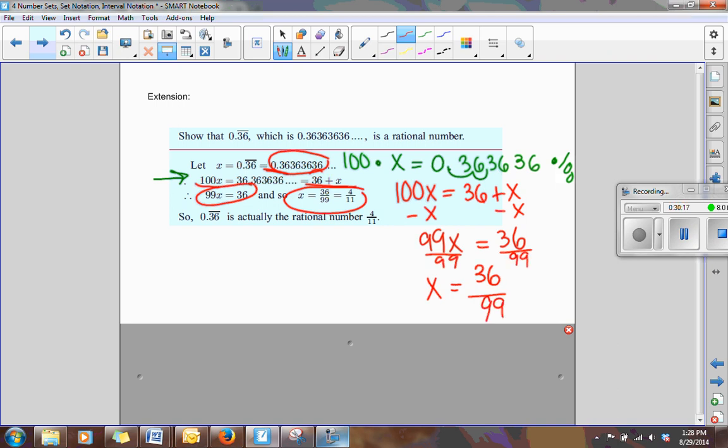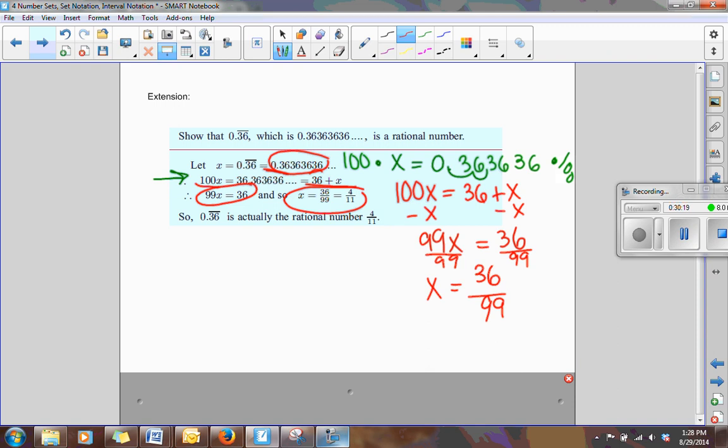And then we can simplify that fraction. We can cancel 3 out of the numerator and denominator. So divide by 3, we get 12. Divide by 3, we get 33. We can do it again. So x is divided by 3, that's 4. And divide by 3 here, that's 11. So x is equal to 4 over 11.